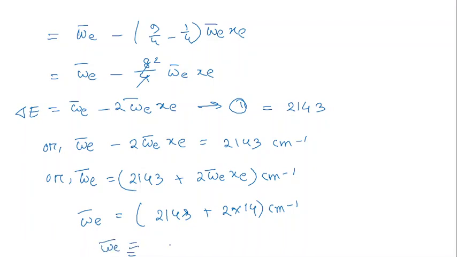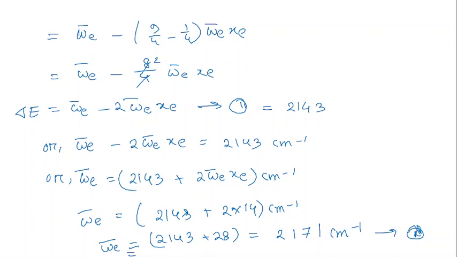So 2143 plus 28 is 2171 centimeter inverse.